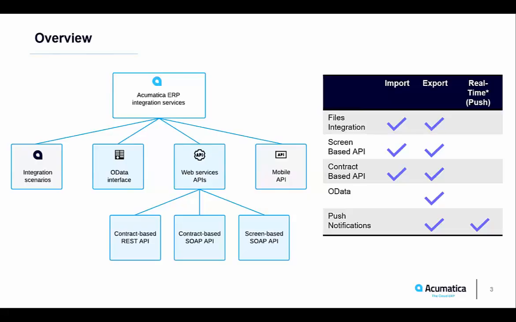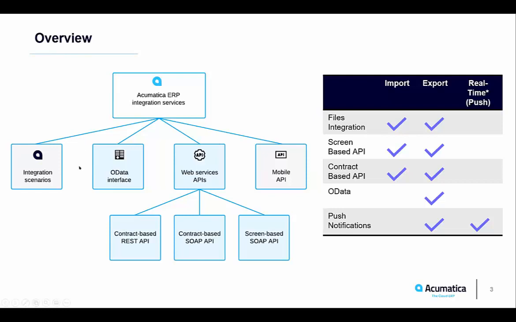Well, as you see on the left side, this is a chart which is showing all these integration possibilities, the spectrum in Acumatica, I mean almost all, right? So let's concentrate on the piece in blue, those blue entities.